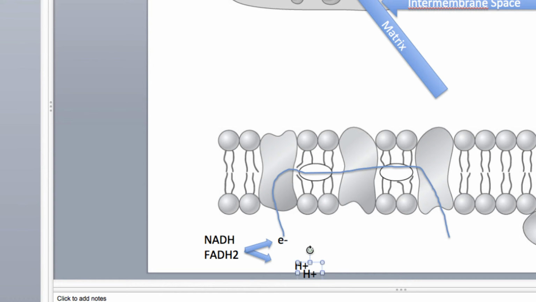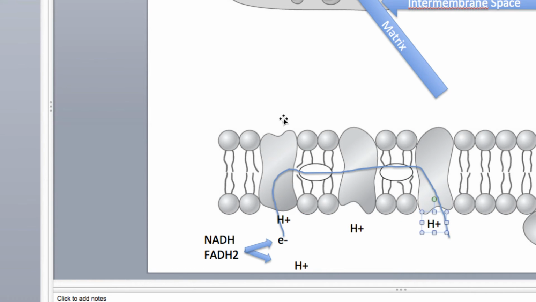So what you're going to do is put an H+ like over here, and then write one underneath each one of these big gray globs. Okay, so you got a whole bunch of hydrogens.